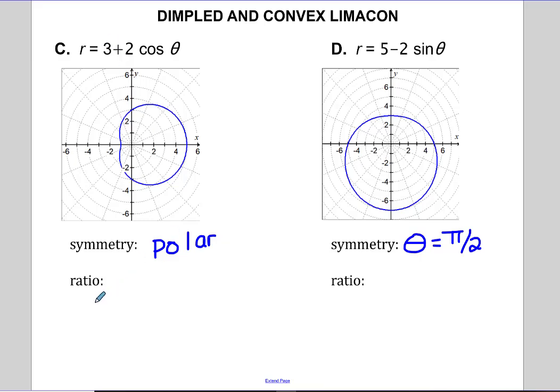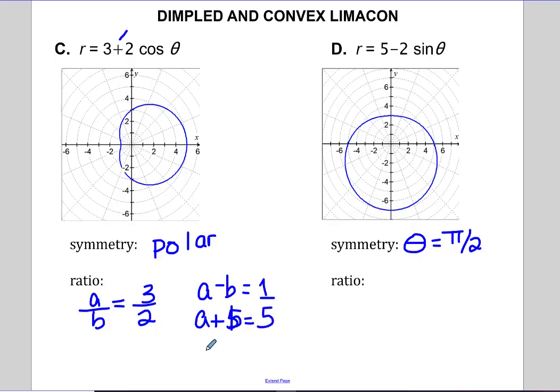This one, our ratio A over B is bigger than 1. And it's a positive cosine. So positive cosine tells us it's going to go to the right. And then A minus B is 3 minus 2. A plus B is 3 plus 2. And then the A value is 3.